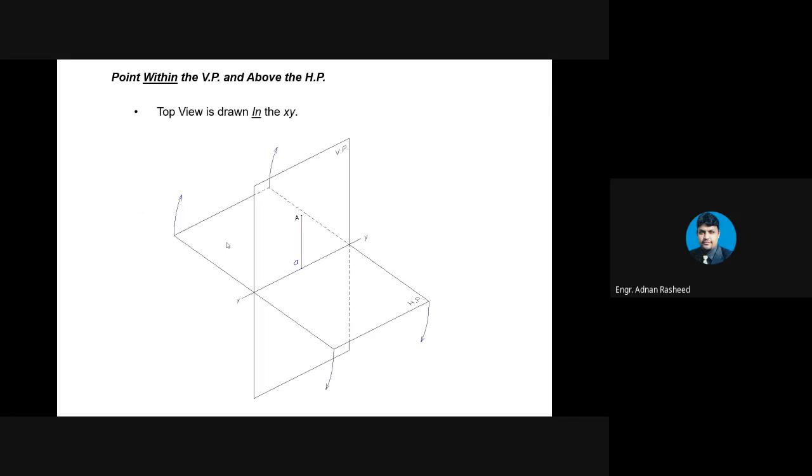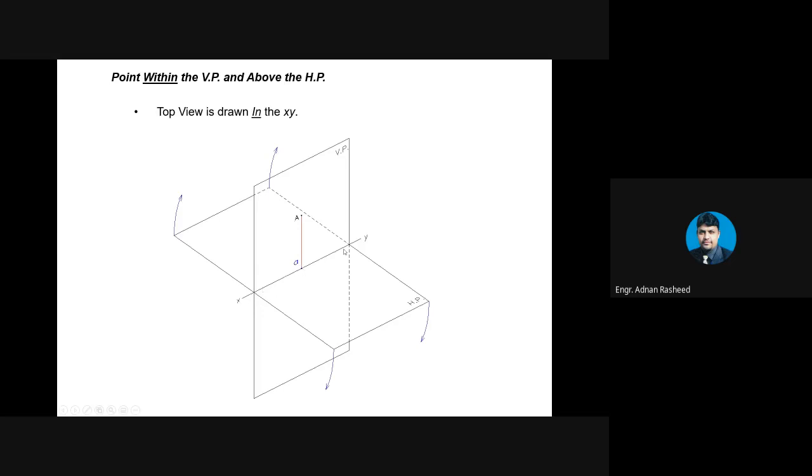Now let's discuss this also. Point within the vertical plane and above the horizontal plane. So this point is in the vertical plane, and it is above the horizontal plane. In this scenario, if you are looking at it from the top and you project this point, it will lie on the XY line. Clear?